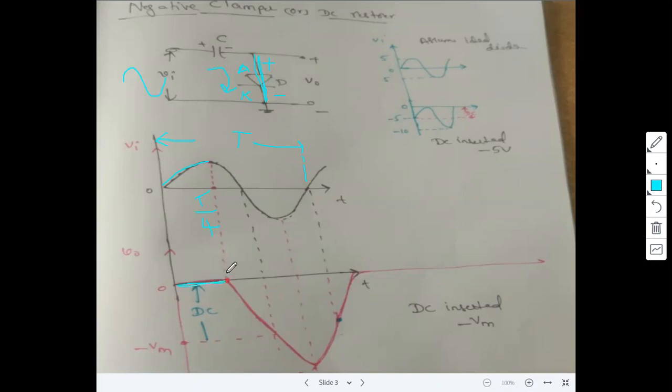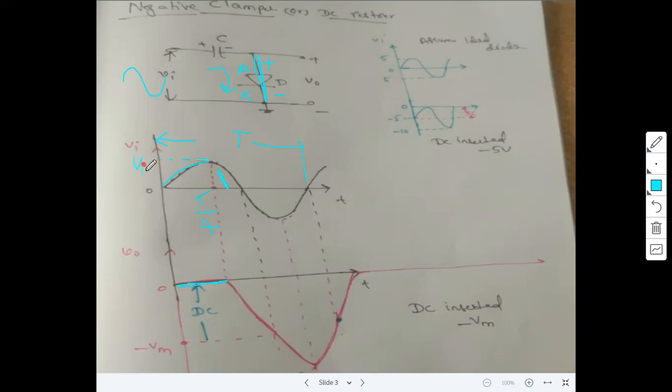Next, what happens just after T by 4? During this interval, 0 to T by 4, the capacitor charges to the maximum input voltage.